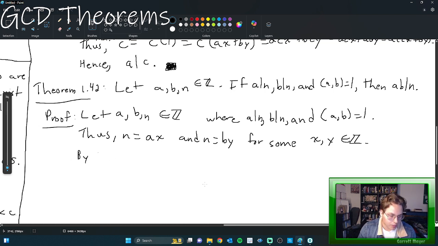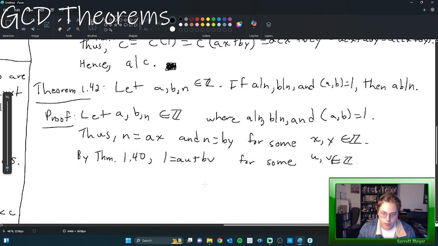By theorem 1.40, 1 is au plus bv for some integers u, v. Hence, n equals n times 1, which equals n(au plus bv), which equals nau plus nbv.